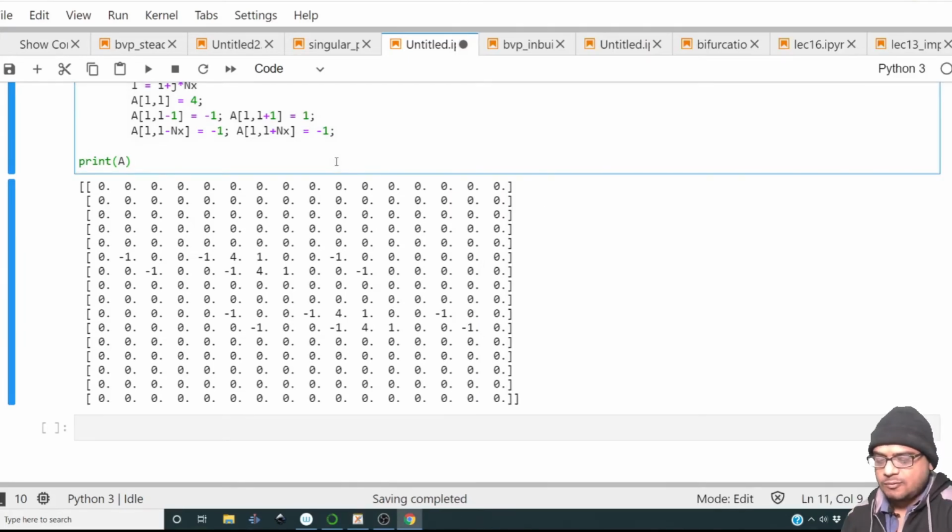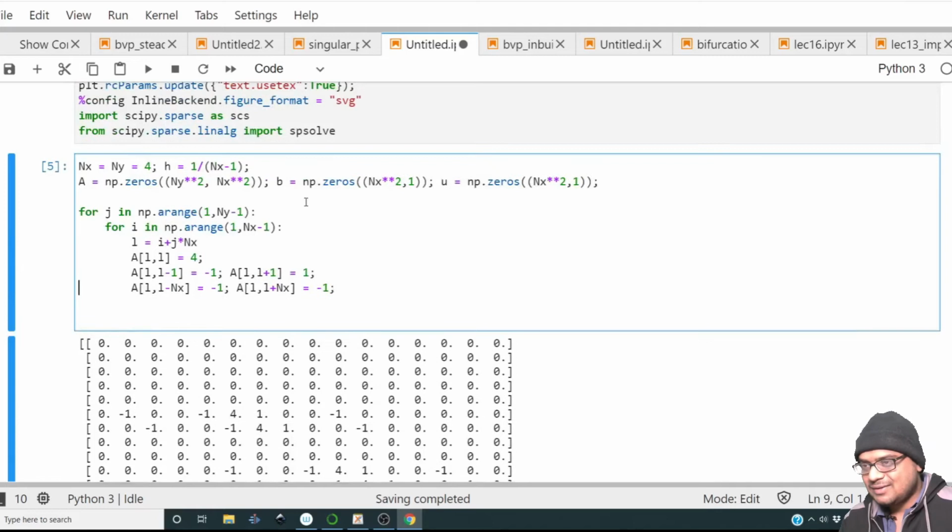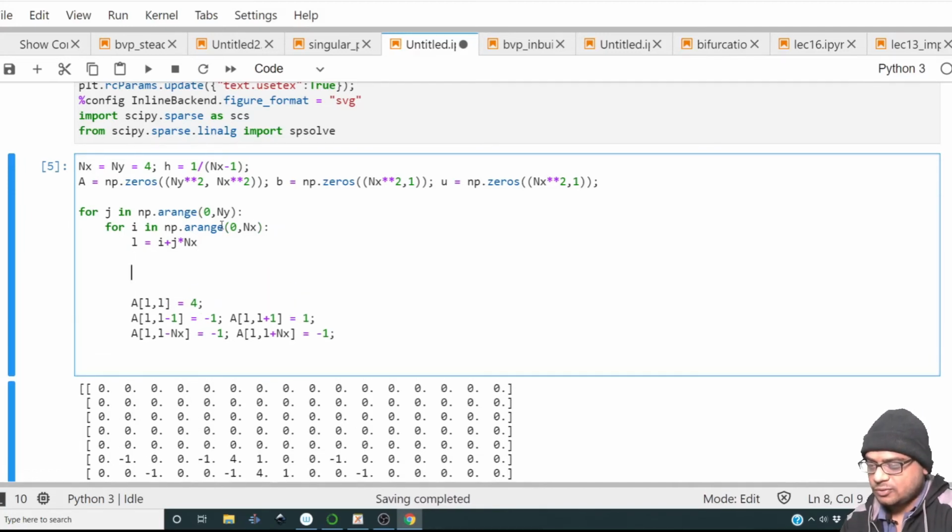Right? So what we can do now is extend our code so that we're not restricted to only the inner nodes. We want to account for all the nodes. But what we are going to do is make a check. So if i is not equal to 0 and j is not equal to 0 and i is not equal to nx minus 1 and j is not equal to ny minus 1.